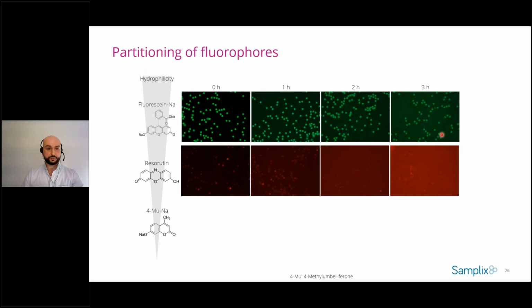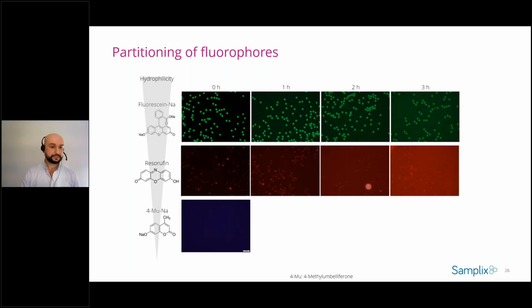Afterwards, we continued with the analysis of resorufin, and here we saw a significant leakage after 2 hours. Still, for quick assays, it is something that I would also consider using. But the best candidate was fluorescein.